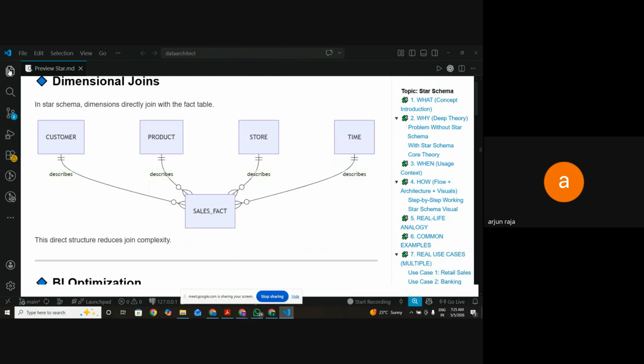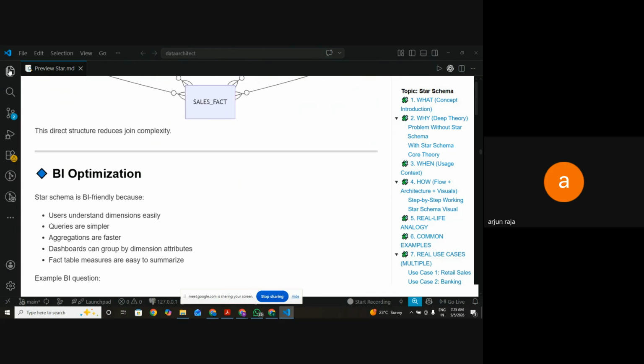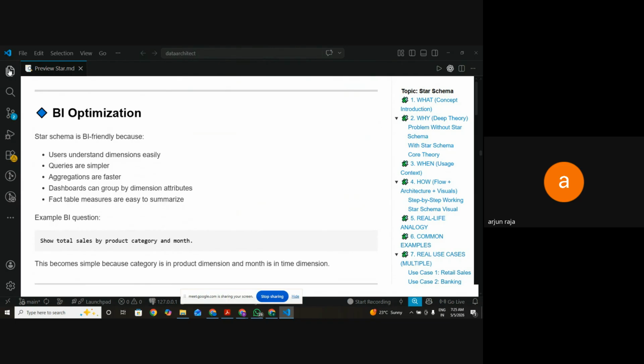Sales fact contains customer, product, store, time. Yeah, it is BI optimized because users understand the dimensions easily.